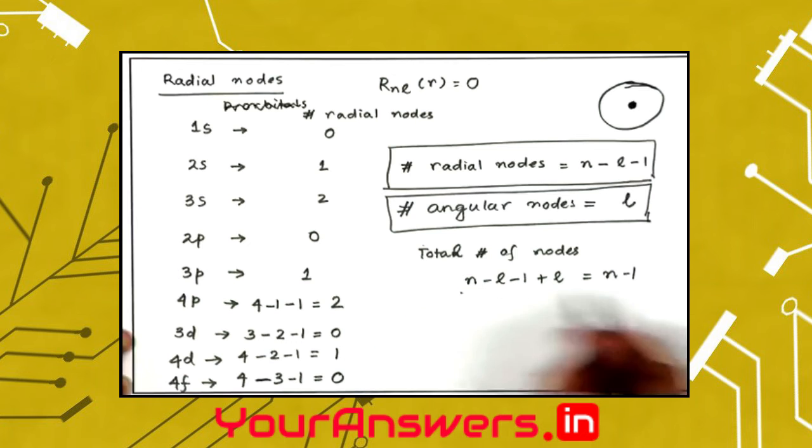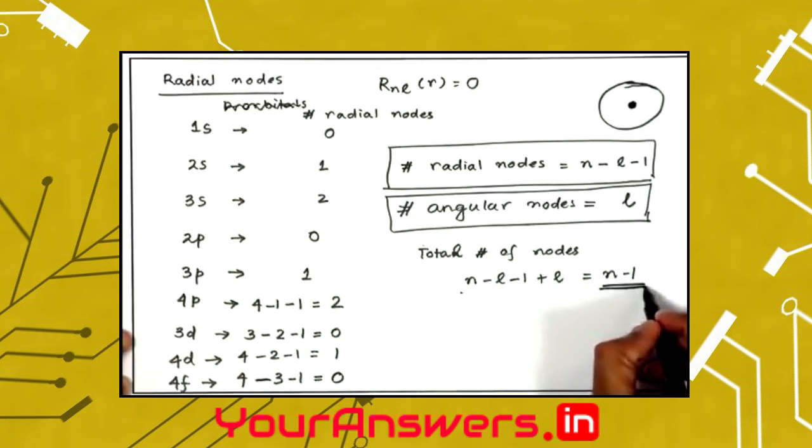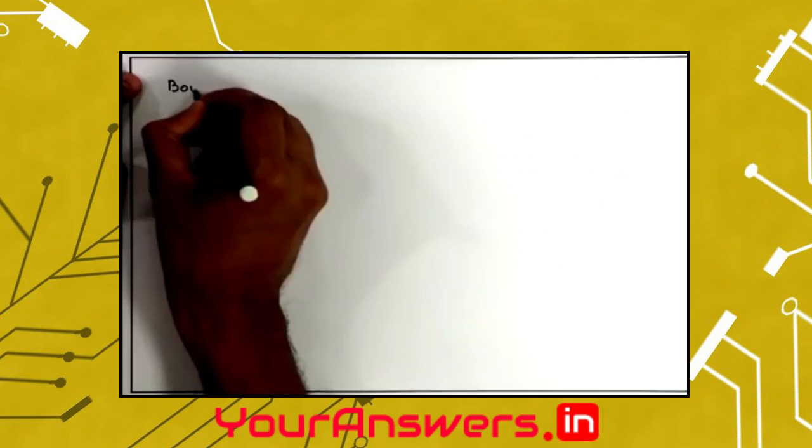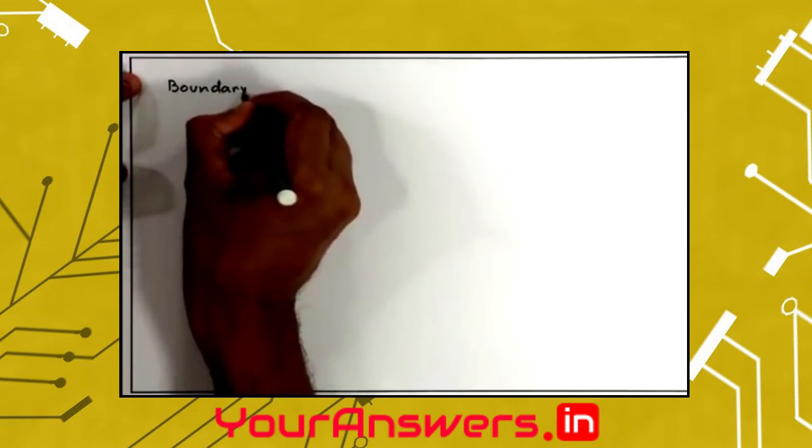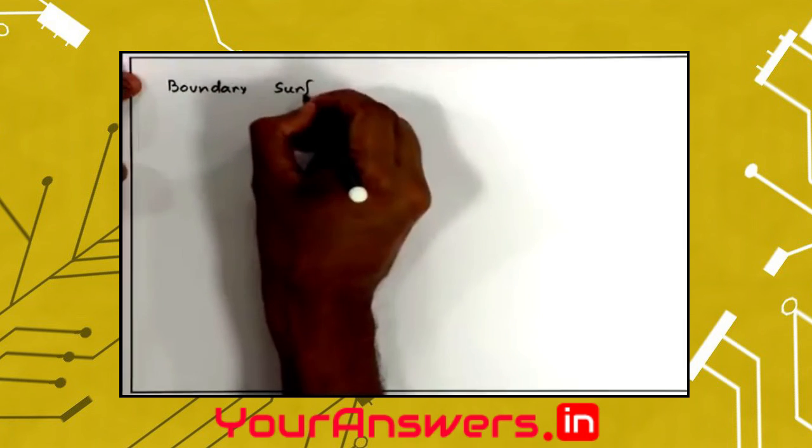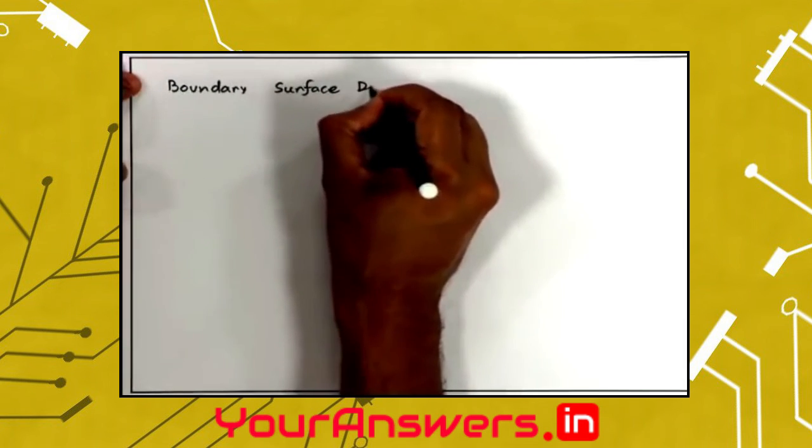This is the total number of nodes, and it only depends on the value of the principal quantum number. Our next point of discussion is boundary surface diagrams.